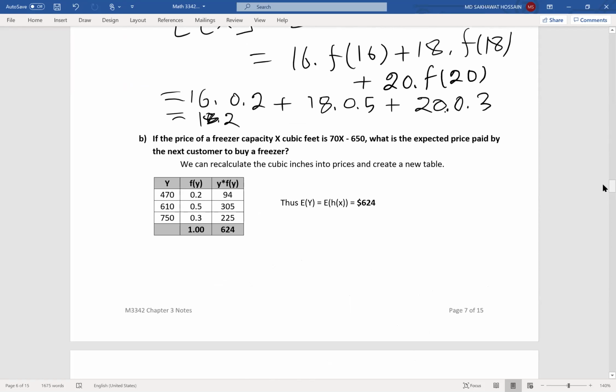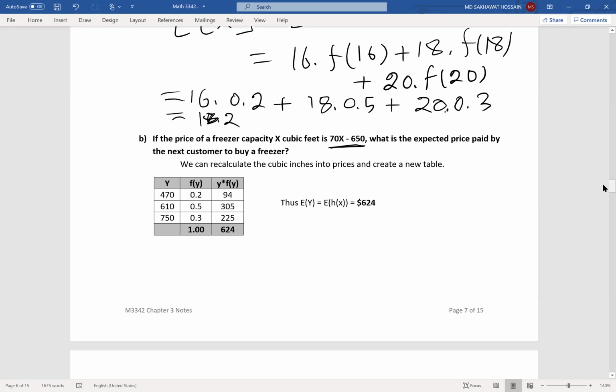Okay, so in part B, the price of a freezer with capacity x cubic feet is 70x minus 650. What is the expected price paid by the next customer to buy a freezer?